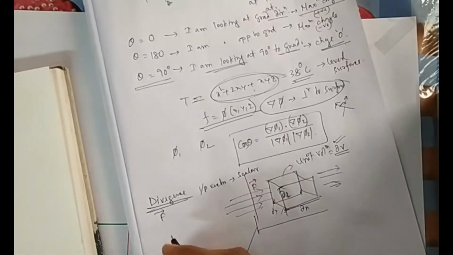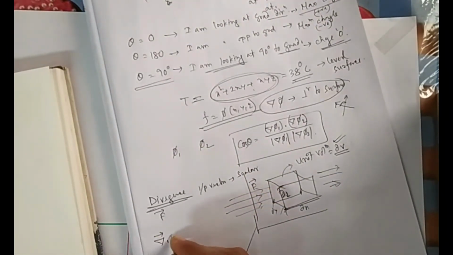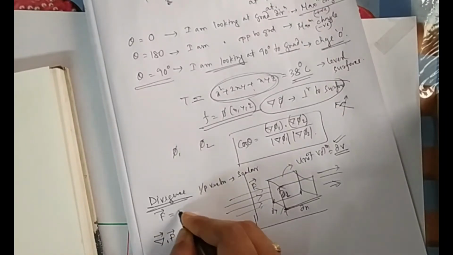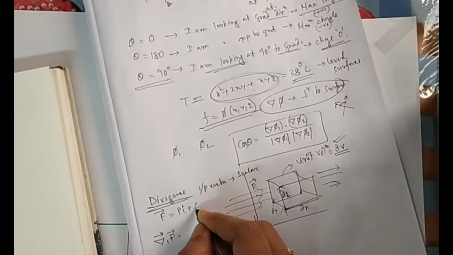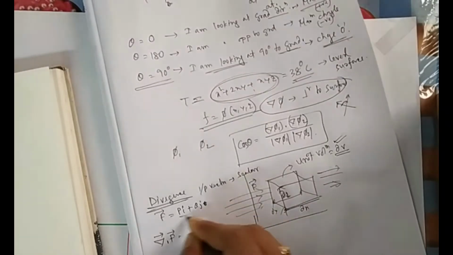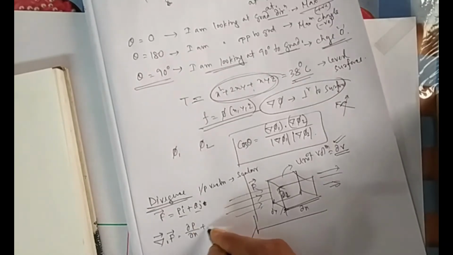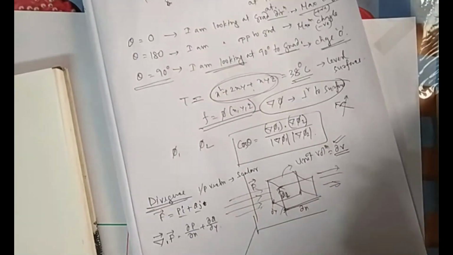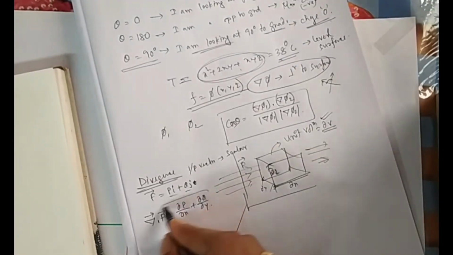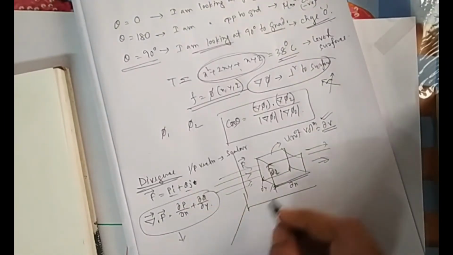So what does this represent? This is represented by this, and this equation is represented by Pi, Qj. I have already written; I am writing P and Q, and you can extend it for R also. So what is this formula? Del P by del X plus del Q by del Y. What does this represent? This represents the total fluid.